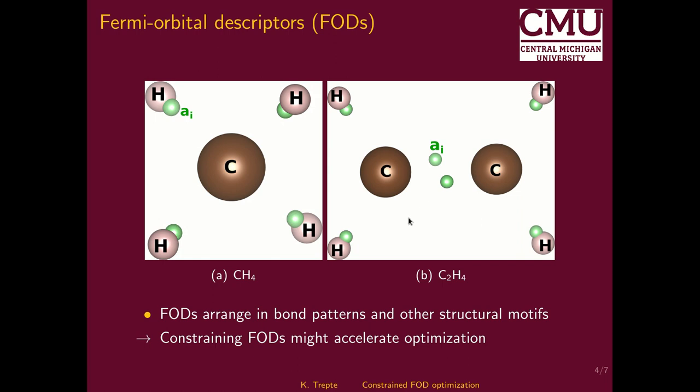So we find these patterns in a whole lot of molecules, so we can now think about constraining the FODs to stay within these patterns, which could potentially allow us to accelerate the optimization of the FODs.